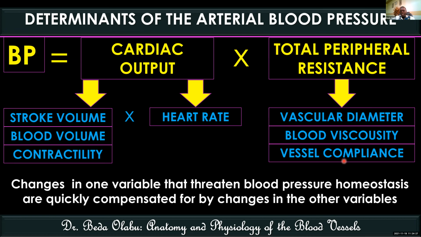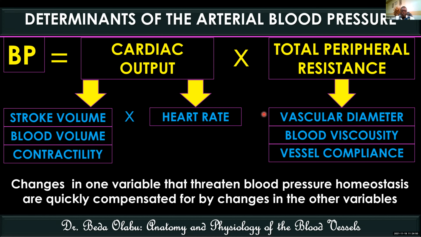If you have a change here, for example, let's say you bleed a lot, so your blood volume goes down, your stroke volume goes down, and the heart rate will automatically be increased so that you can try to compensate.